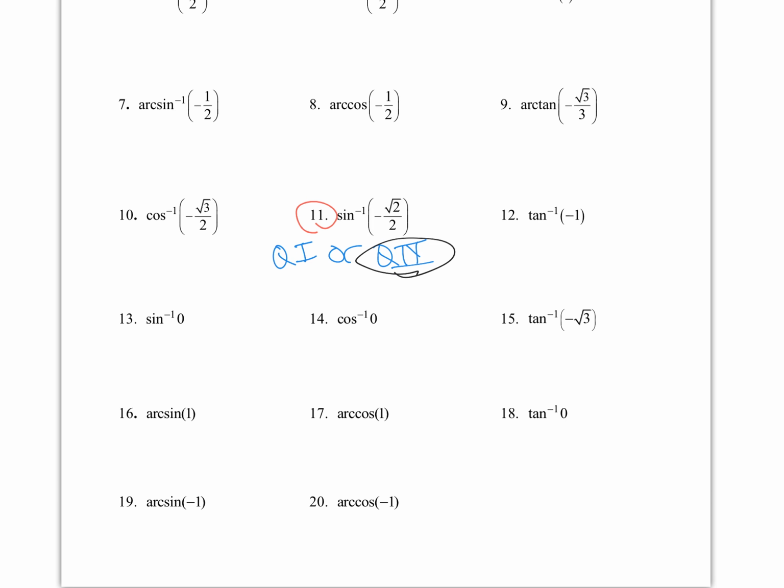What angle will give me a sine value of negative root 2 over 2? Yes, you should have written down 315 degrees or 7 pi over 4. Did you get it correct? If you did, great. If not, you got to make sure you are paying attention.